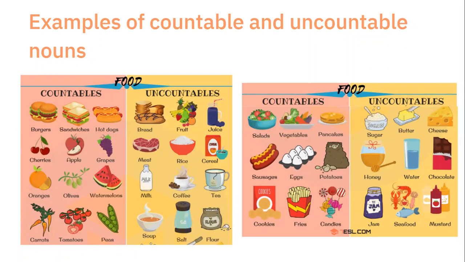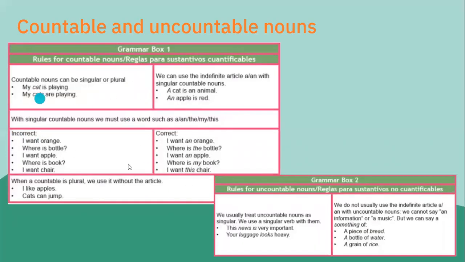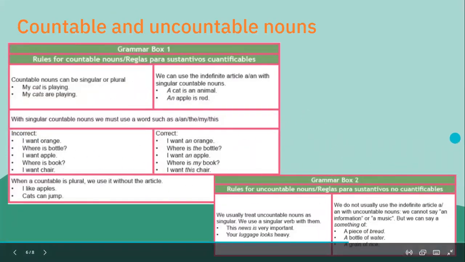O sea, por ejemplo, huevos, sí se pueden contar, hay 3 huevos, hay 4 huevos, o hay 5 papas, 5 galletas, etcétera. Pero no podemos decir hay 5 mermelada, o sea, no se puede decir eso. Hay 5 sal, o sea, entonces es un poquito intuitivo y yo como quiera les sugeriría que vieran este tipo de vocabulario, lo entendieran y igual chequen aquí las reglas, ¿verdad?